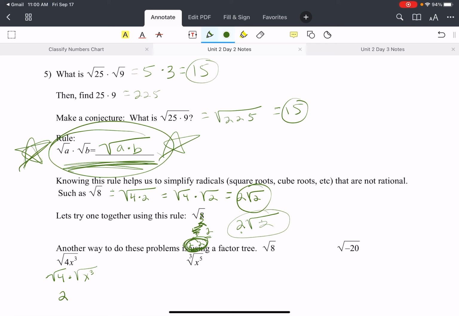Okay. Now, on the x cubed, though, that means x times itself 3 times, right? So that means if I'm going to make a factor tree for it, then I'm going to have 3 x's because the x cubed means I have x times x times x.